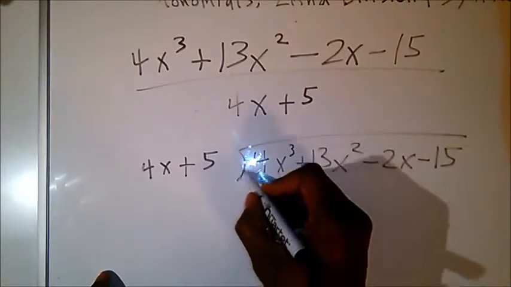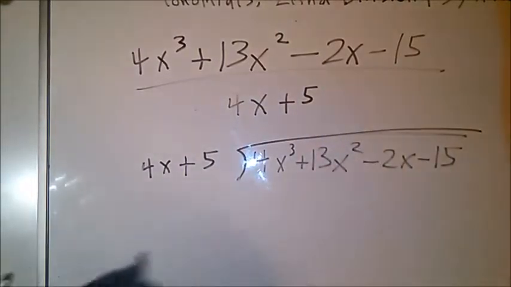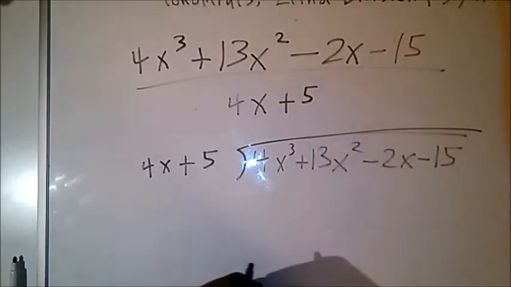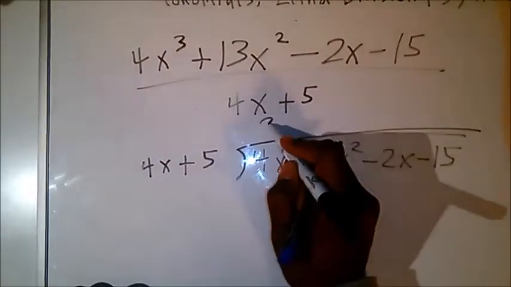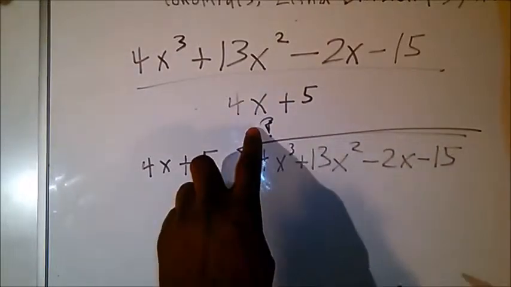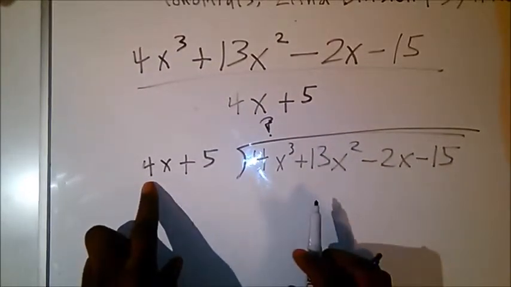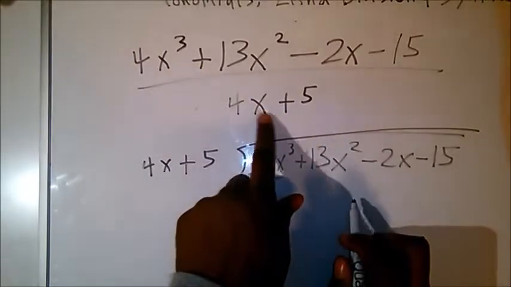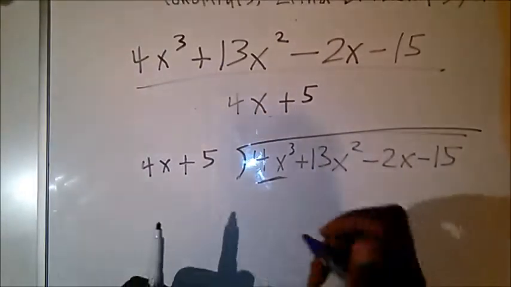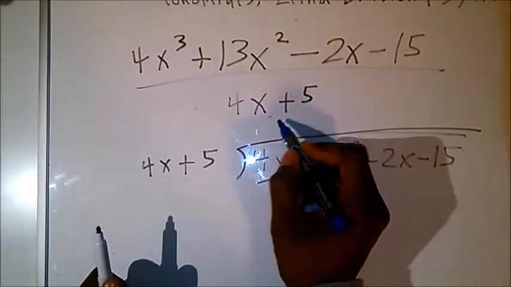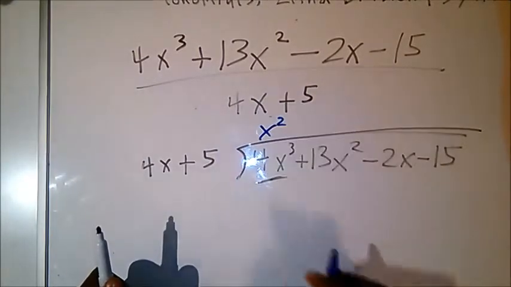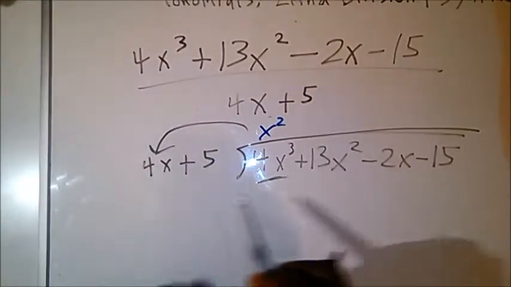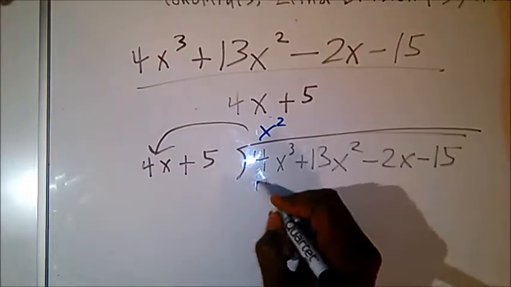I'll change the blue. We ask ourselves the question, what times 4x equals 4x cubed? Our answer is x squared. x squared times 4x equals 4x cubed.